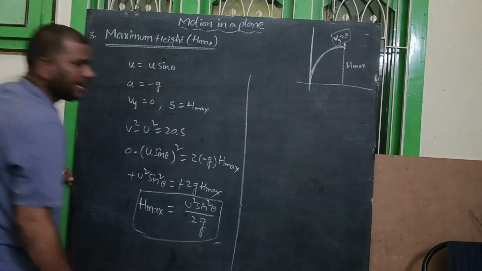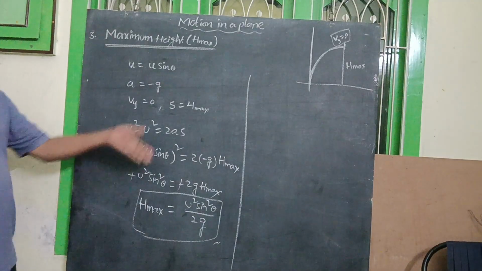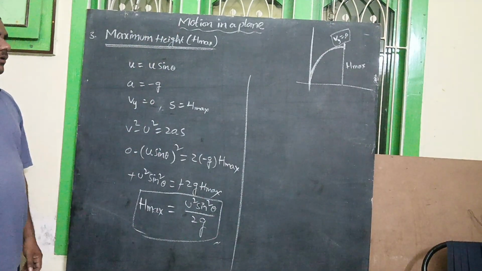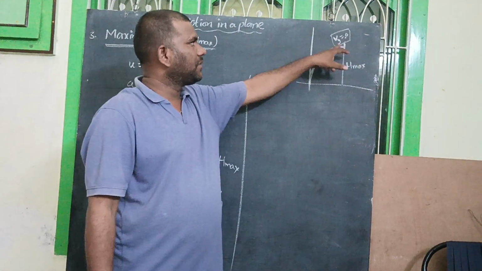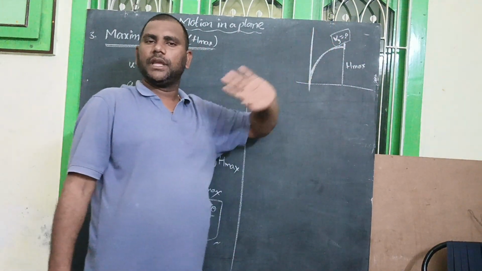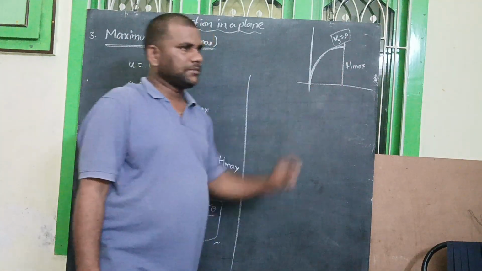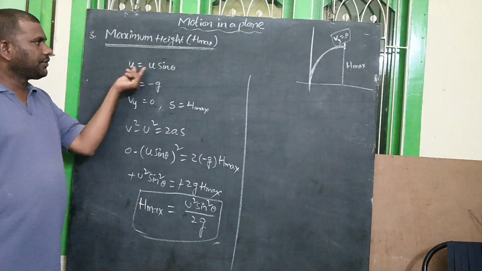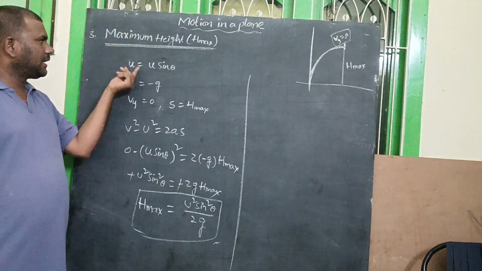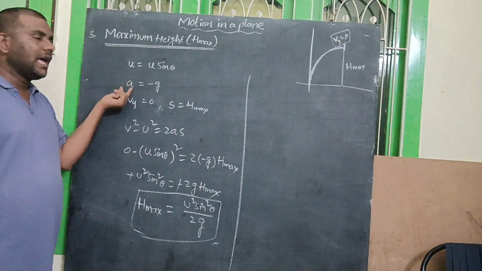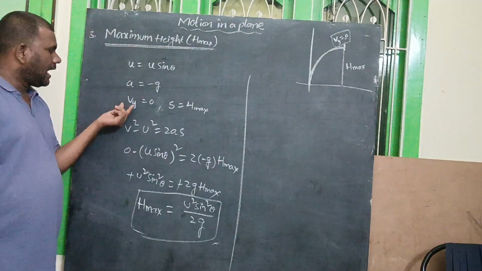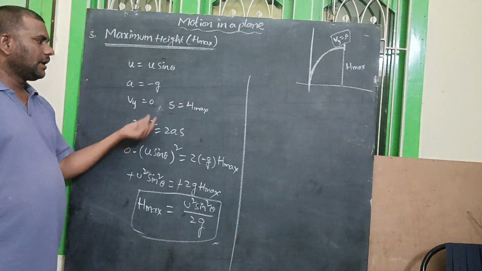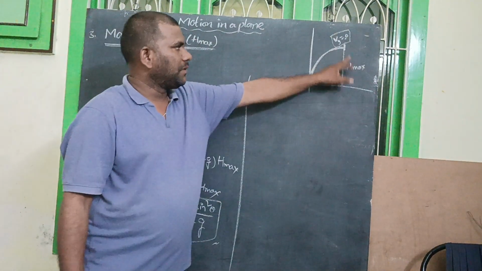So for a body thrown vertically upward, when it reaches the maximum height, the final velocity is 0. Here u is equal to u sin theta in the vertical direction, a is equal to minus g against the gravitational force, final velocity v is 0, and s is equal to maximum height.